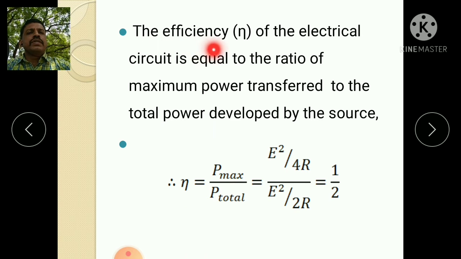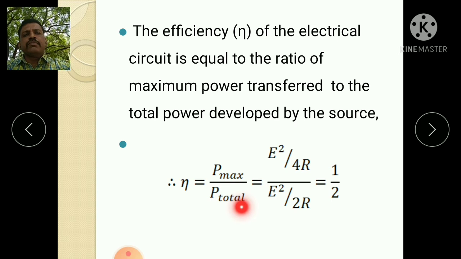The efficiency eta of the electrical circuit is equal to the ratio of maximum power transferred to the total power developed by the source. So efficiency is given by eta equal to P max upon P total.